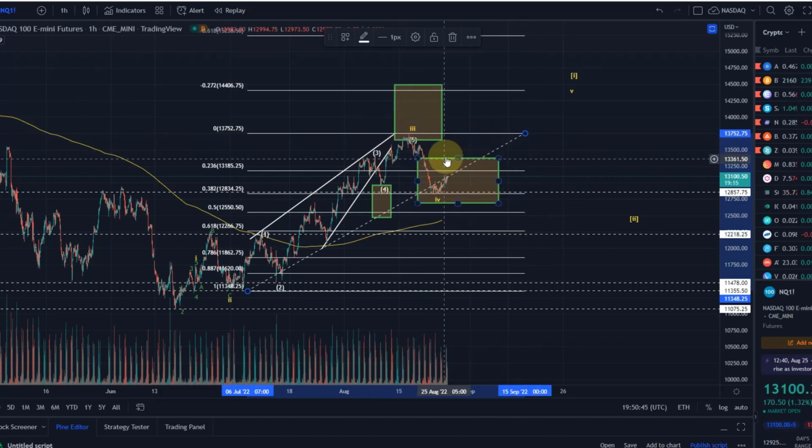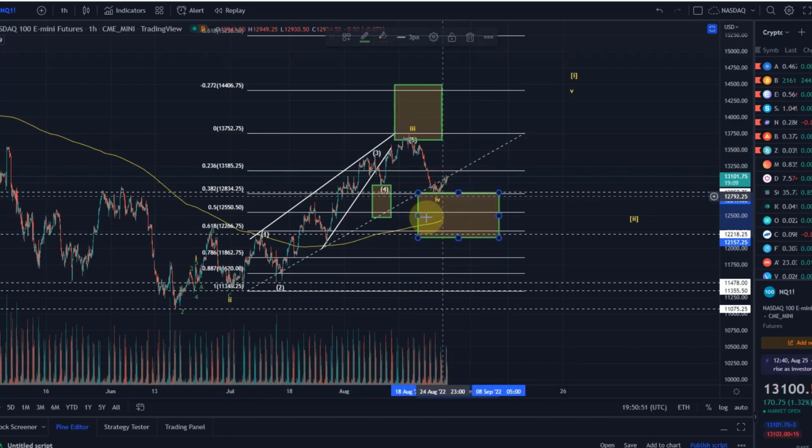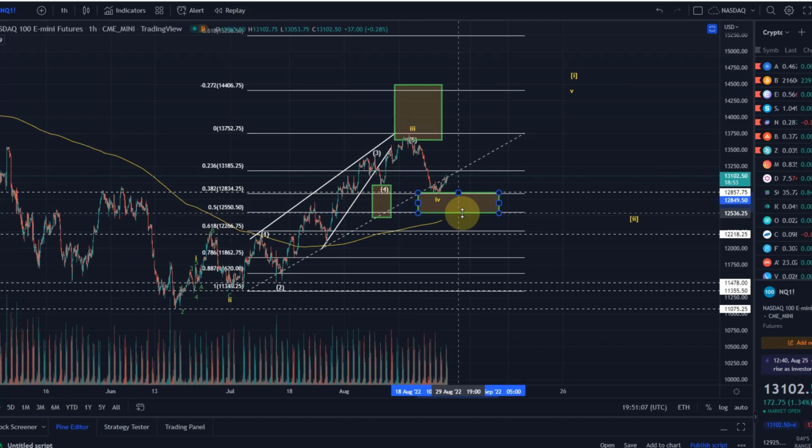But the real target range for the wave 4 should be between the 38.2% fib level and the 61.8. So we've reached it already, and I'm giving it that possibility, but it shouldn't go that far actually. Ideally not.